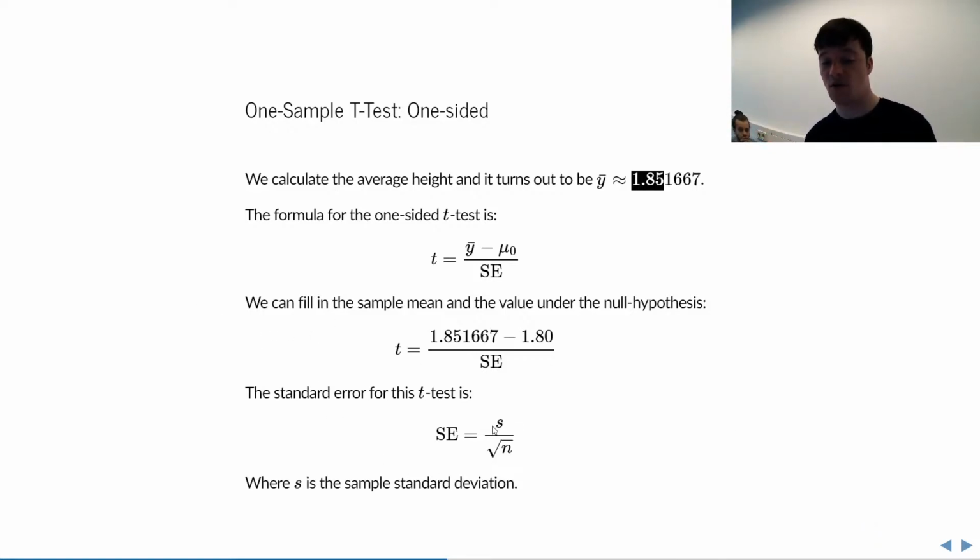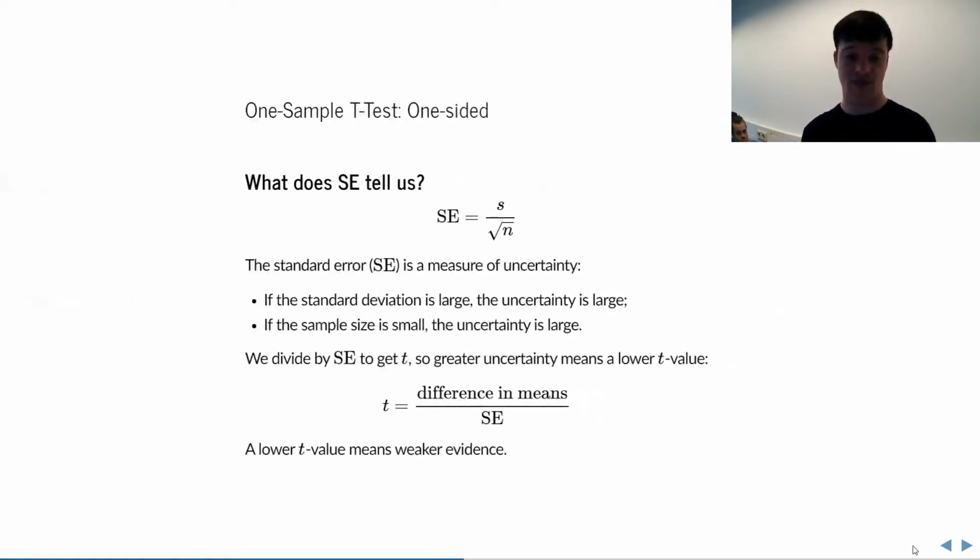And if you have a very small sample, then your uncertainty is bigger. And if your sample is really large, this is in the denominator, then this value will become smaller. So your uncertainty is smaller if you have larger sample sizes. This is what the standard error tells us: basically, how uncertain are we about these results?